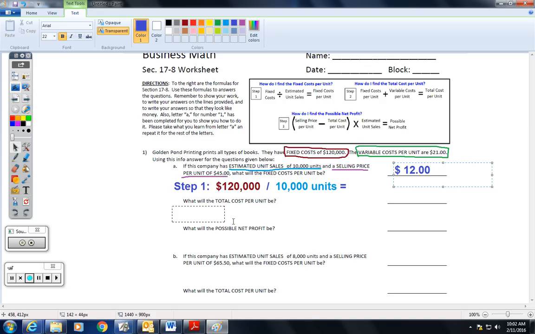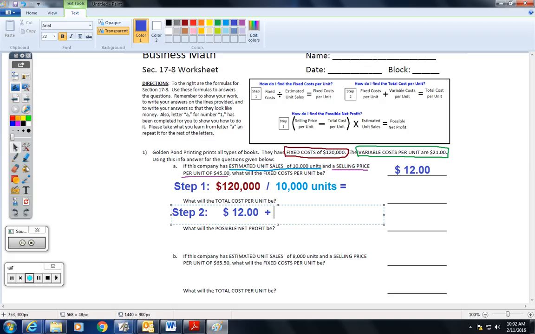Now we move on to the next line. What will the total cost per unit be? Well, that's going to be step 2. All right? Total cost per unit, step 2. What I need to know, once again, is what are my fixed costs per unit? By the way, that's the answer we just got a few moments ago, $12.